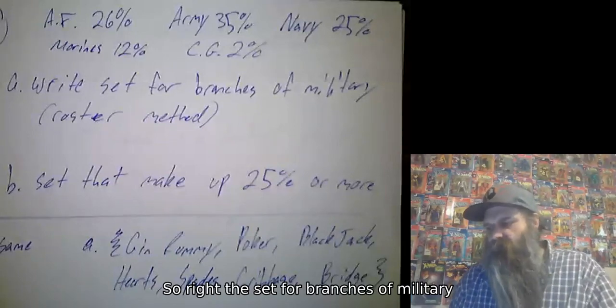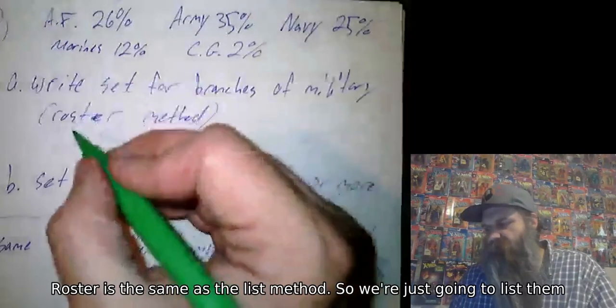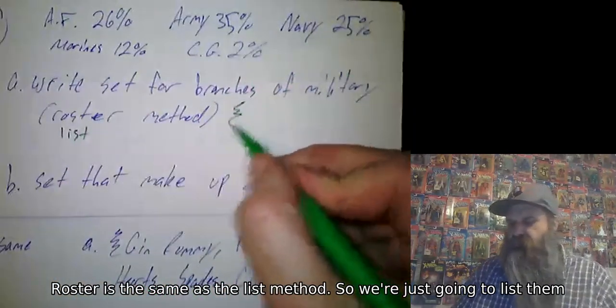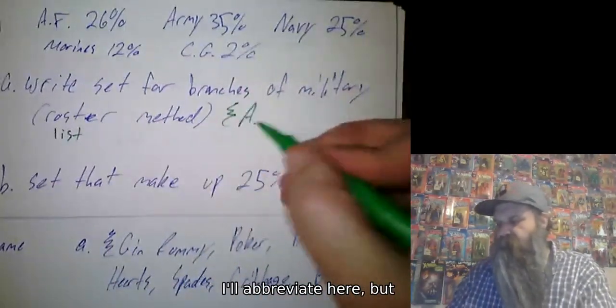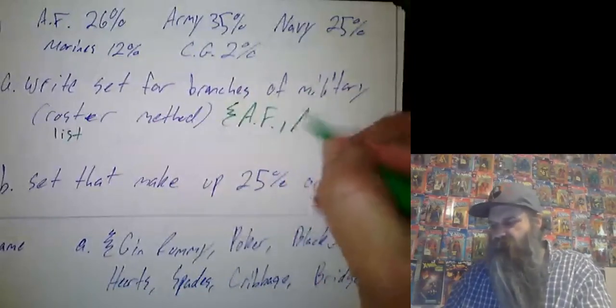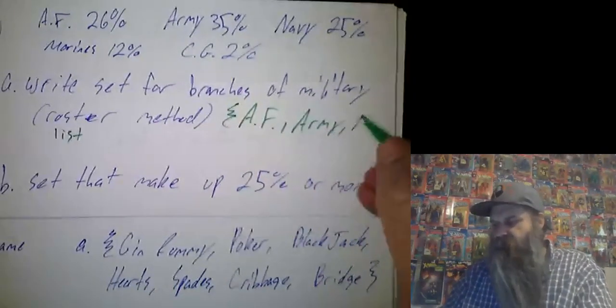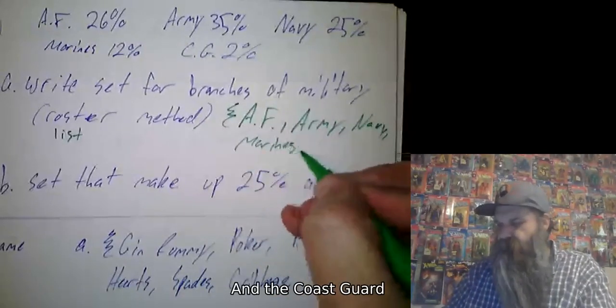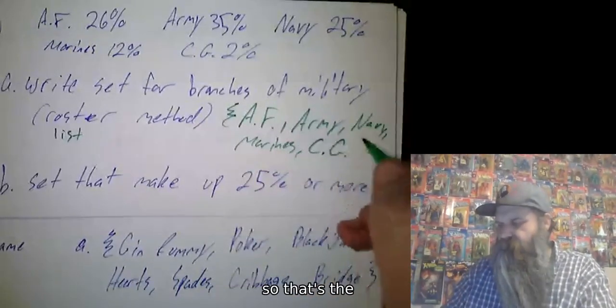So write the set for branches of military. Roster is the same as the list method. So we're just going to list them. I'll abbreviate here, but Air Force, Army, Navy, Marines, and the Coast Guard.